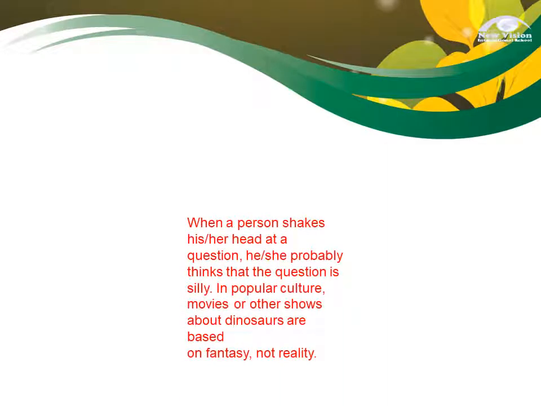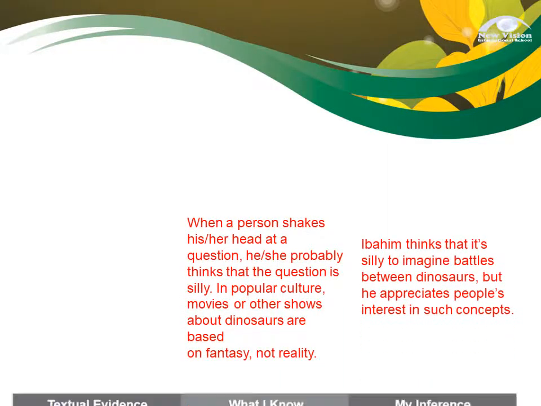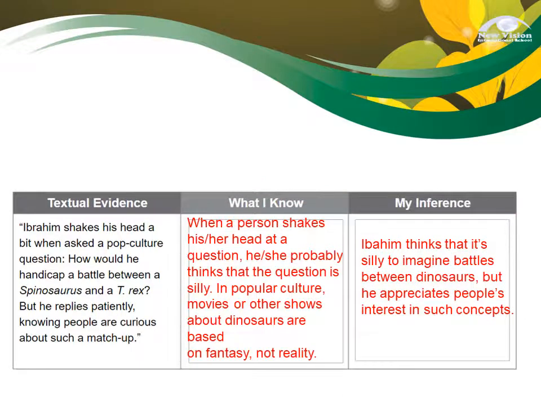Next, let's read the excerpt in the first column of this chart, then add what you know and make an inference. Textual evidence: Ibrahim shakes his head a bit when asked a pop culture question. How would he handicap a battle between a Spinosaurus and a T-Rex? But he replies patiently, knowing people are curious about such a match-up.